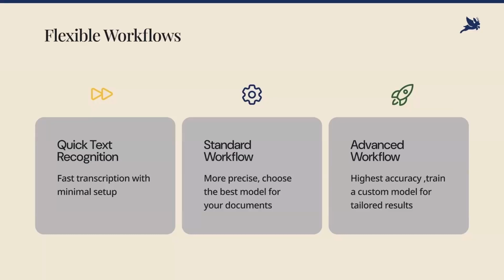Then we have the standard workflow, the one that we will look at today, which is more precise, where you can already choose a model for your documents. I'll explain what a model is shortly. And then we have the advanced workflow. This gives you the highest accuracy because you're able to use a custom trained model.